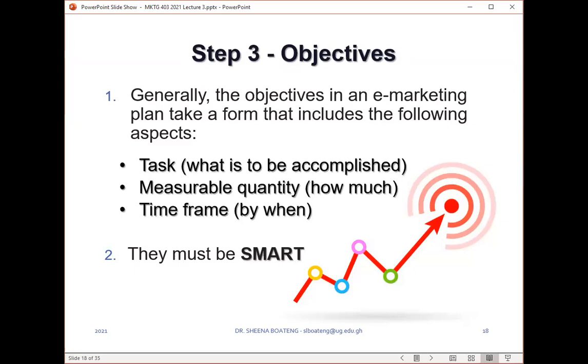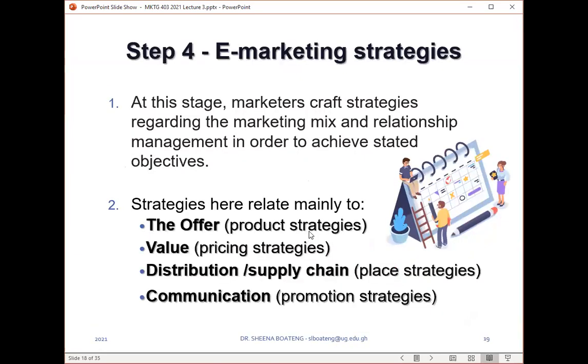So you have to make sure that you put in place objectives that you can achieve within specified periods of time, so that you can be able to move on to other things that will culminate towards achieving the firm's overall objectives, right? By contributing to the firm's e-business strategy, as well as the firm's overall e-marketing plan. So that is it for objectives.